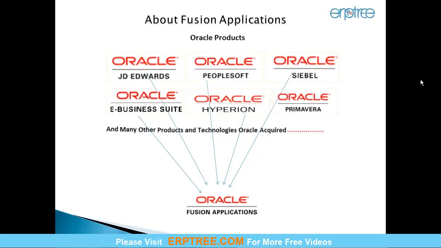In that case, we have Oracle HRMS, but they never chose Oracle HRMS when they looked at PeopleSoft HCM. That's how PeopleSoft was also a big competitor to Oracle in the area of HRMS.